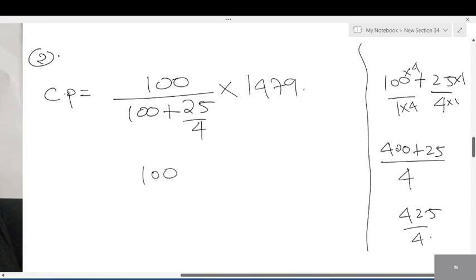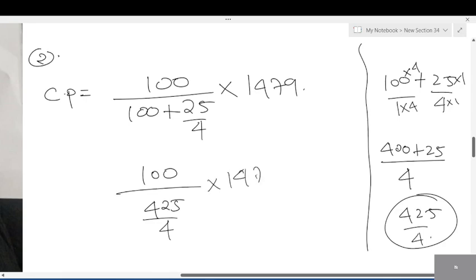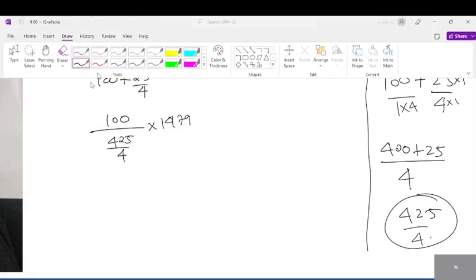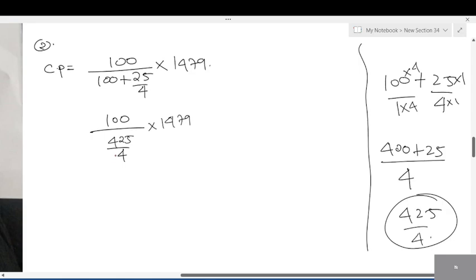That's 100 divided by, what do we get after LCM? How many denominators do we have? One denominator or two denominators? Two. So you all know the rule. What happens to this 4? It will go to the numerator; 4 will get multiplied to the numerator.